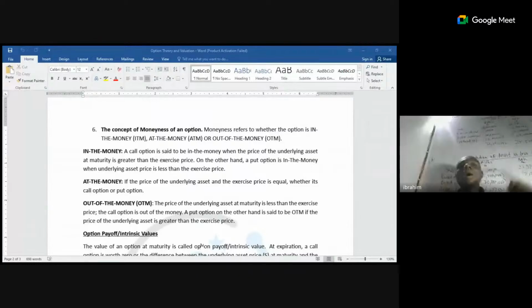Then in December, class, you now have, let's say, 20 naira. Class, you've exercised your rights. Please, option theory and valuation is practicable, it is real in option markets.